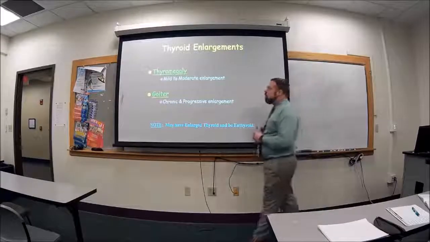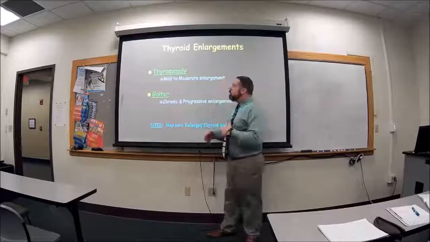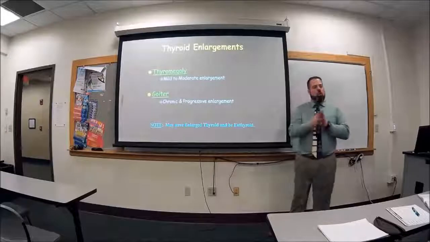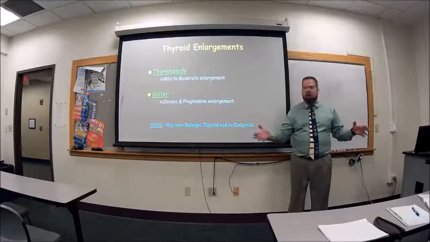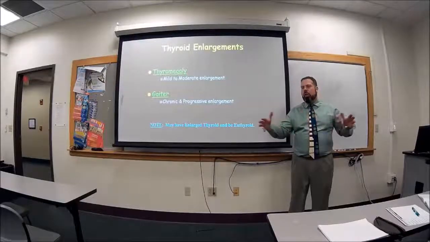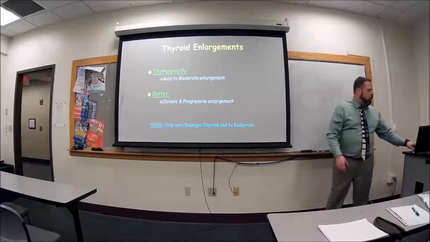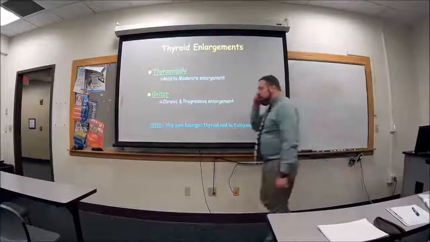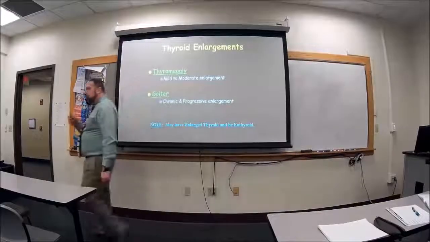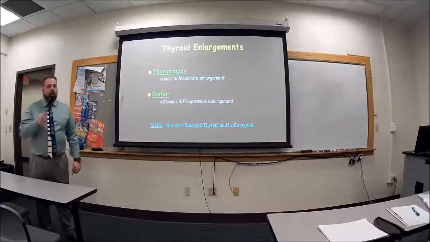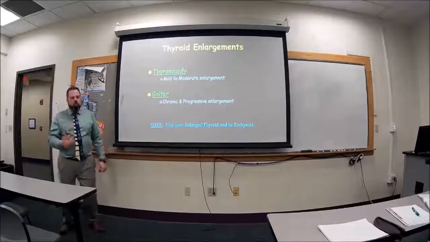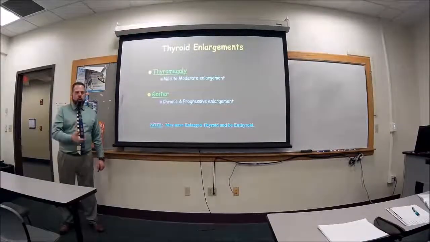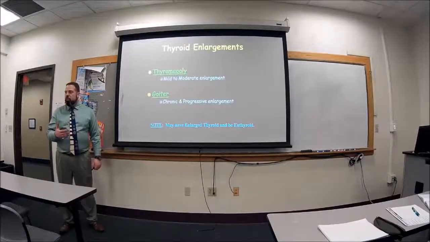But then we can have something called a goiter, and a goiter is also an enlargement, but it's over a period of months to a year to a year and a half. It's very slow and chronic. Now, I want you to understand that whether you have an enlargement there or not does not mean that the thyroid is going to produce a lot of hormone or very little hormone, T3 and T4.